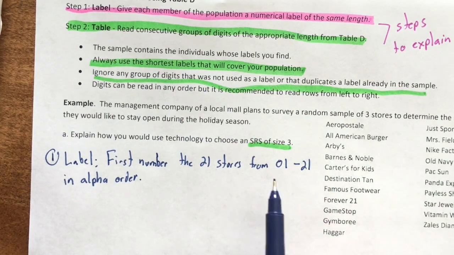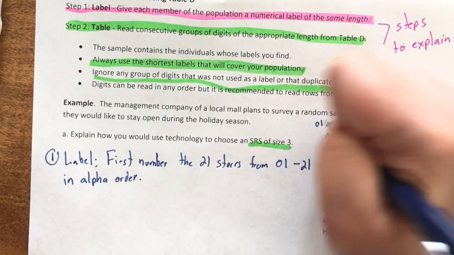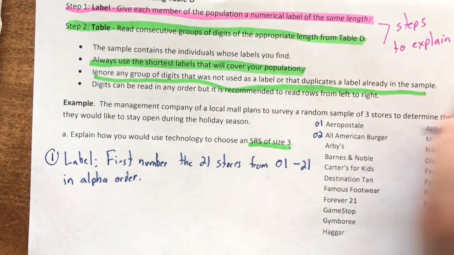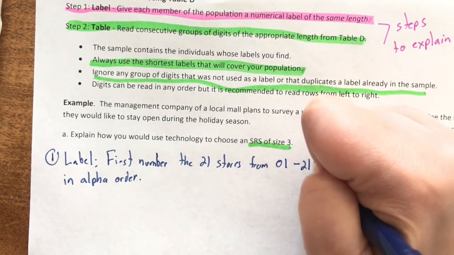Okay, notice that our label is going to be 2 digits from 01 to 21, and we're going to go in alpha order in this case, so this way we all will be on the same page while we're working instead of going across. So 01, 02, so go ahead and label the stores.